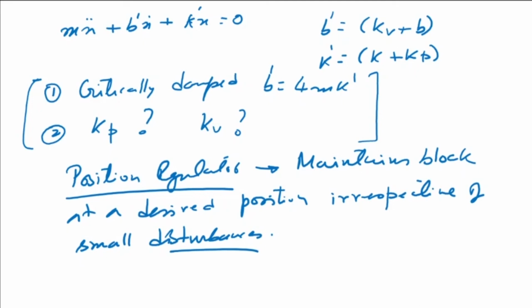Now let's look at a very small example that will give you a better idea. Suppose we are designing a system in which m, b and k all have values of 2 units. This is just for example. Now we want to design a position regulator.